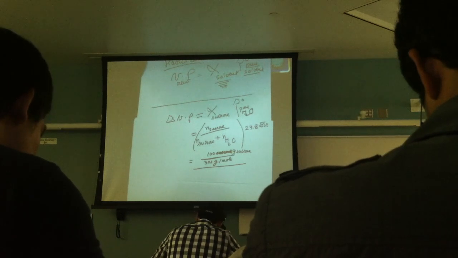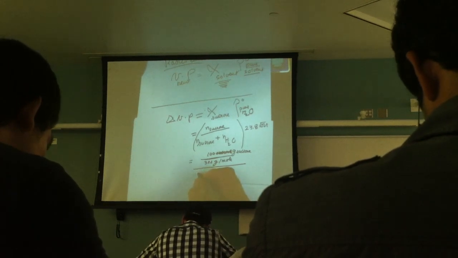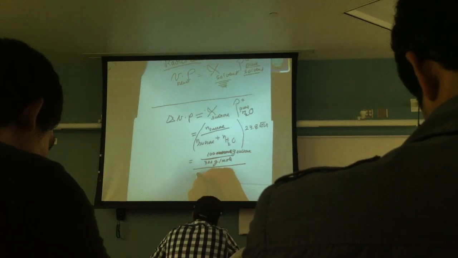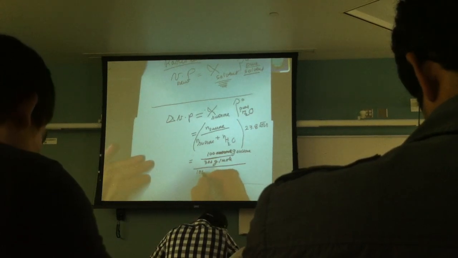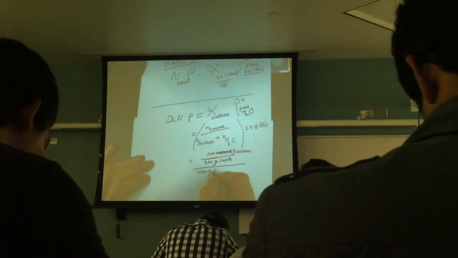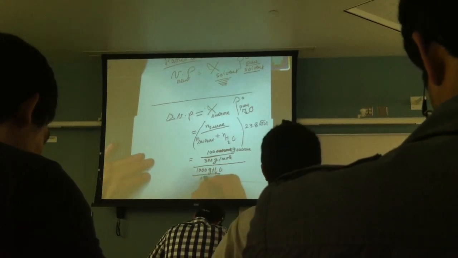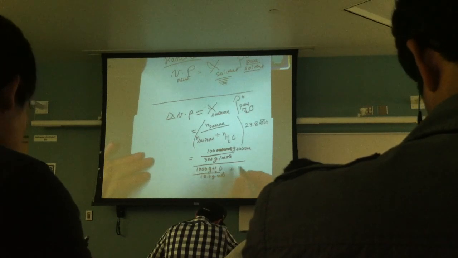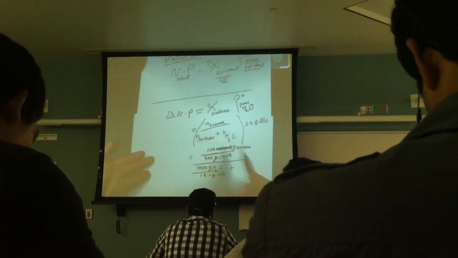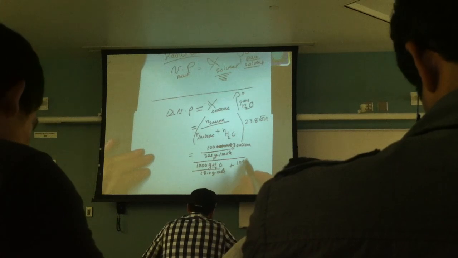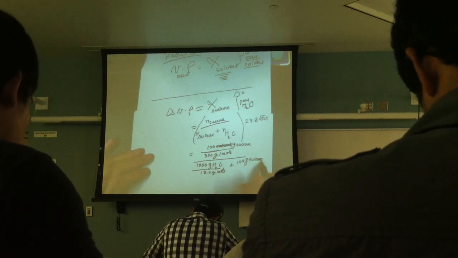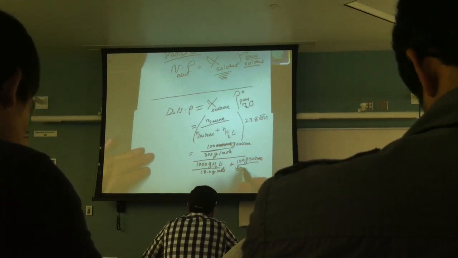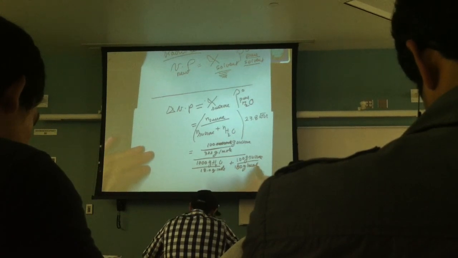What else do we have? 1,000 grams of water. Let's change that into moles. Mass divided by molar mass, I get mole. And the number of moles of sucrose, again, 100 grams sucrose divided by 180 grams per mole, that will give me moles.